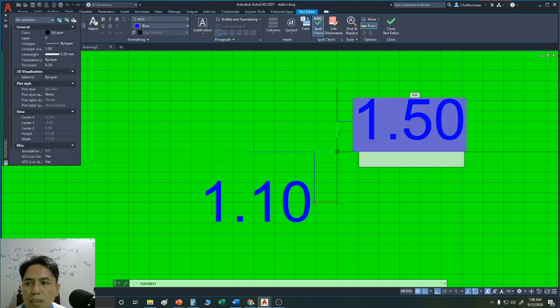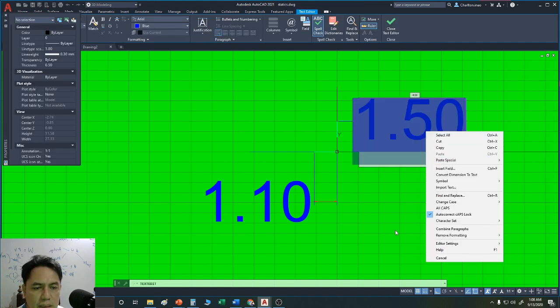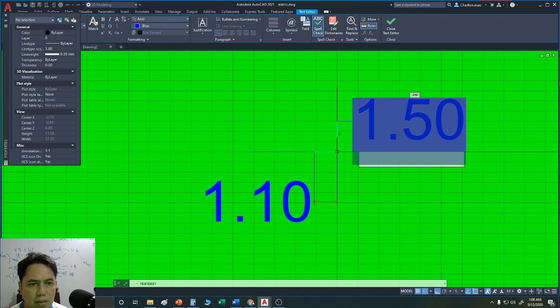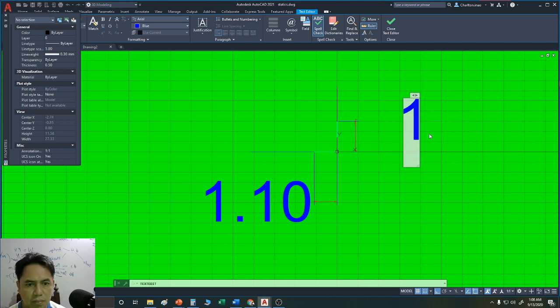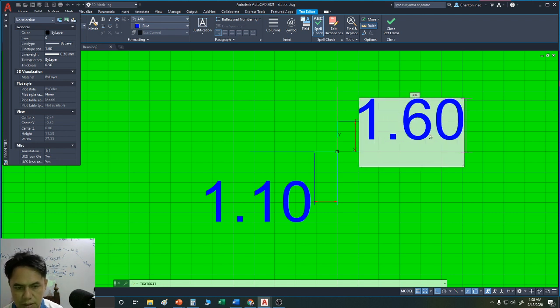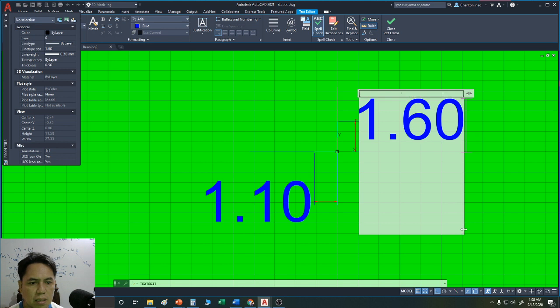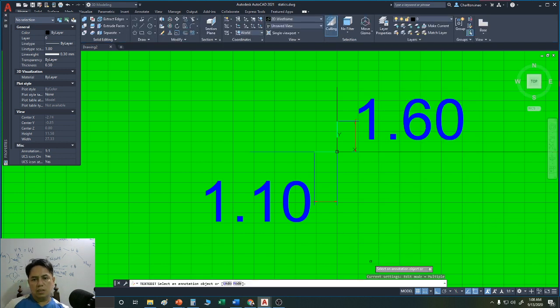Assuming this is 1.6, that's correct. So this is 1.1 negative and 1.6, so where do they meet? 1.1 here, then 1.6 here.